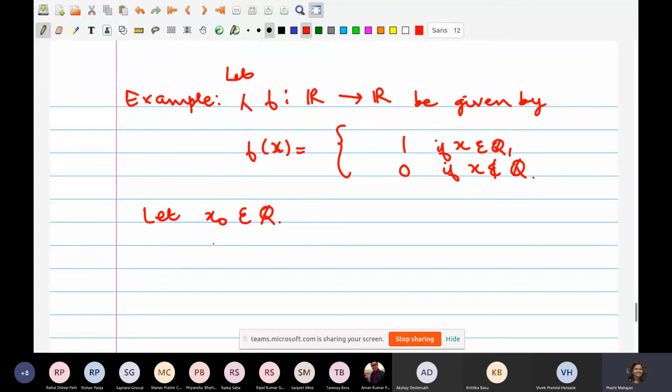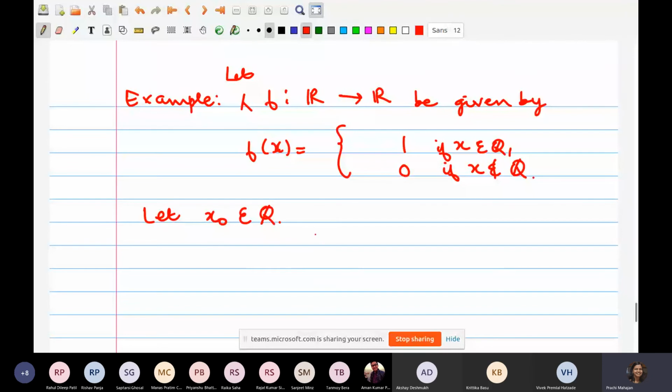So what is it I should do? I should look at all possible sequences of points converging to the point x naught. Correct? Is that okay? And then you look at the image sequence, right? And that image sequence is either 1 or 0, depending on whether the sequence had rational or irrational points, right?